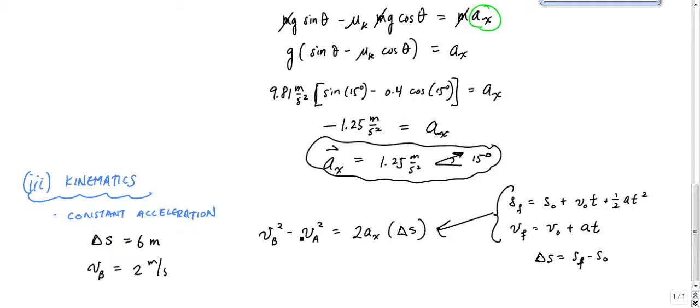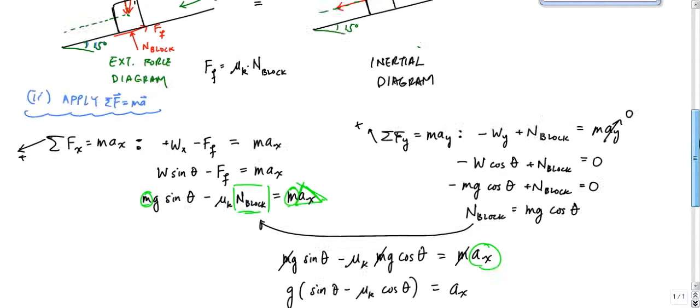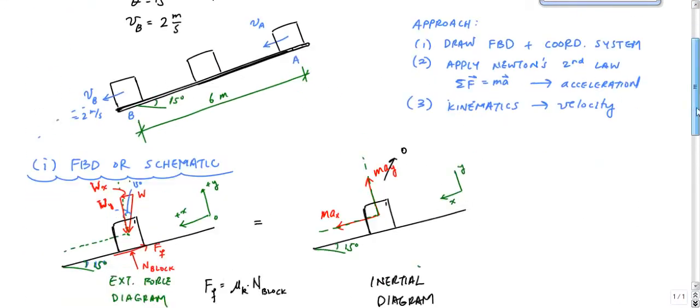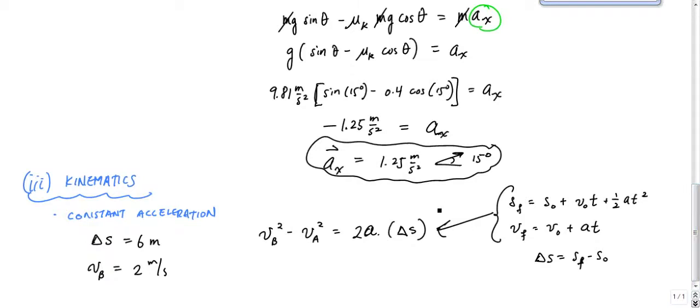And that's where this comes from, acceleration in one dimension, or X in this case. Now, if we're going to keep this positive motion downwards, and our acceleration is in the opposite direction, then when we apply this, VB squared is going to be 2 meters per second quantity squared minus VA squared, the value we're looking for, is equal to 2 times negative 1.25 meters per second squared.